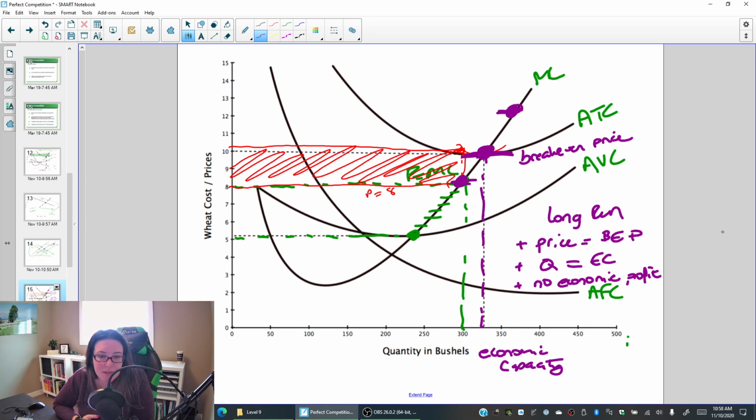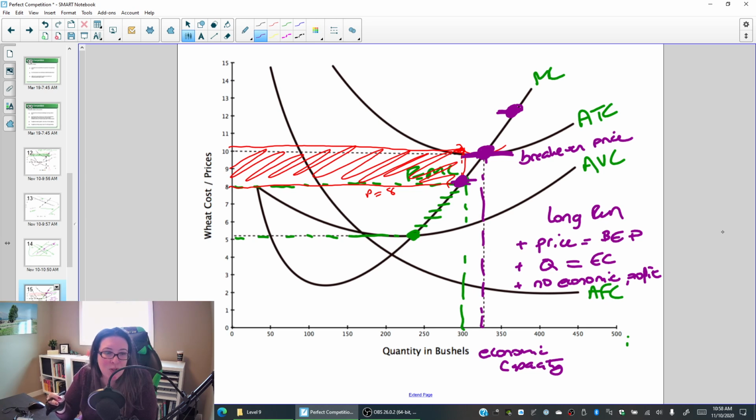Economic profit means what? You're covering all of your expenses and you are compensated for the opportunity cost. In other words, when you're making economic profit, you're making more profit doing this than anything else. But in the long run, in a perfectly competitive market, because there are no barriers to entry or exit and people are coming in, pushing the price down, if you're losing money, you get out. In the long run, there's no economic profit.